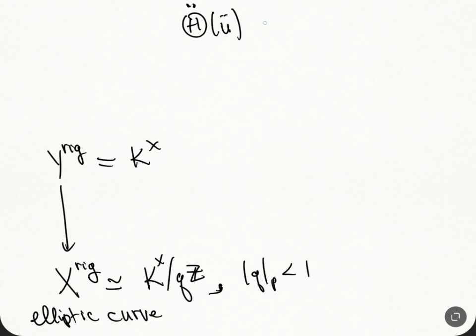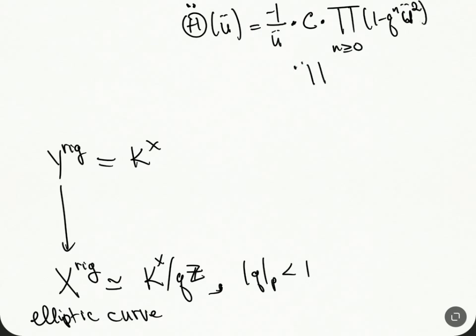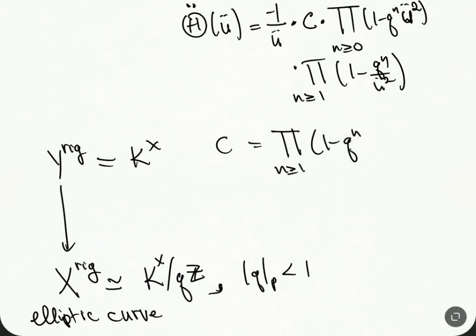So this thing was given by this product, so there is some constant here, then the product over n greater than or equal to 0 of 1 minus q to the n w, or u dot dot squared, then times the product over n greater than or equal to 1 of 1 minus q to the n u dot dot squared, like so. And just for completeness, this c was the product for n bigger than or equal to 1 of 1 minus q to the n.